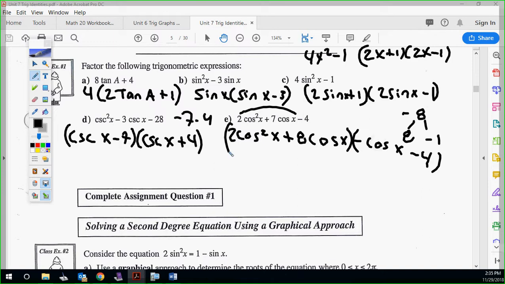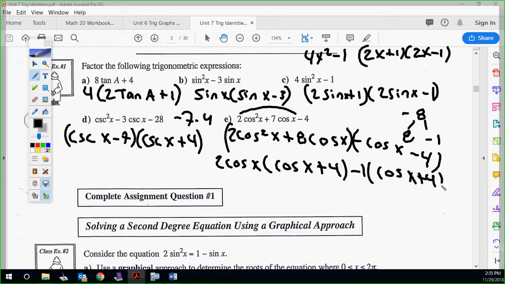The first group has a 2 cosine in common, and we get cosine x plus 4. The second group has a negative 1 in common, giving cos x plus 4. Now we have the factor that matched. So it's 2 cosine x minus 1 times cos x plus 4.